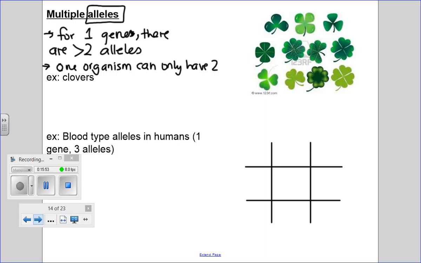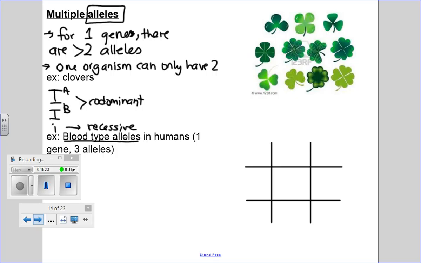So we will talk about blood type alleles in humans. You have 3 blood type alleles: a capital I with an A, an I with a capital B, and then a lowercase i. A and B are co-dominant, and the lowercase i is recessive.